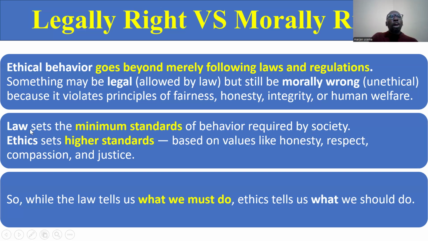Law sets the minimum standard of behavior required by society. Ethics sets higher standards based on values like honesty, respect, compassion, and justice. Did you get it? So the law just sets the minimum, what we need to do.